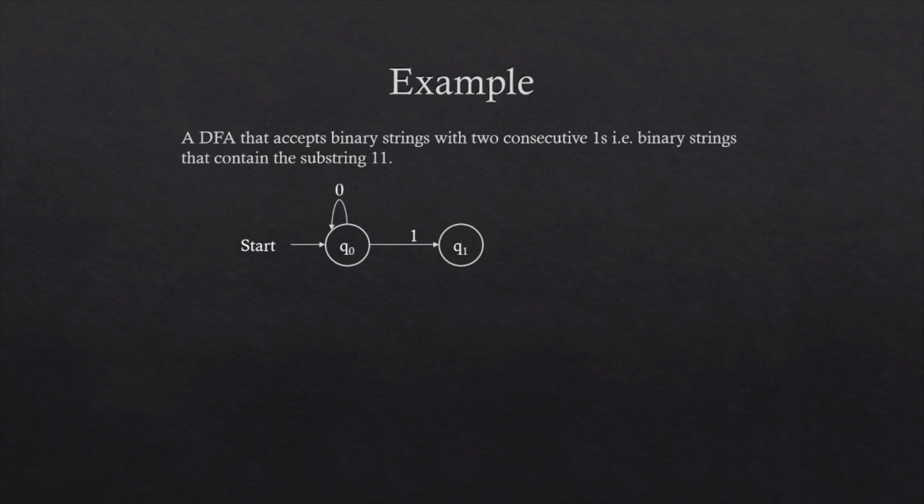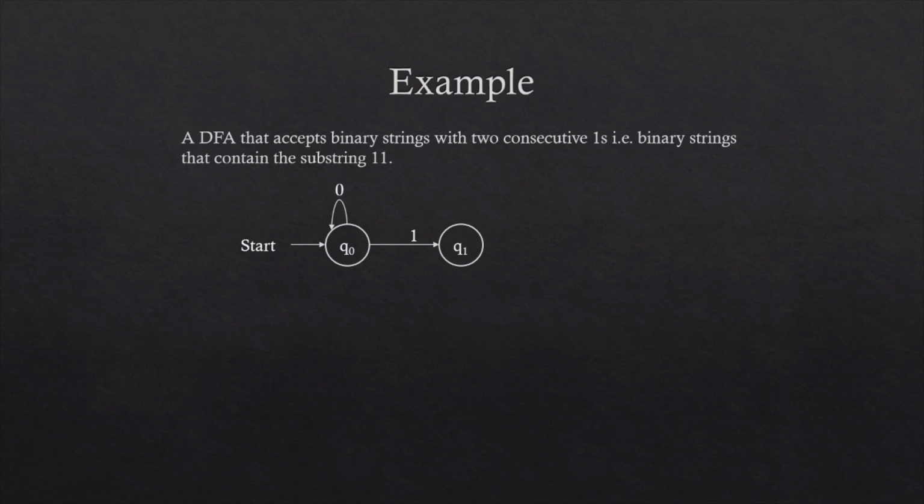Alternatively, we can say that if the automaton is in state Q1, it means that the last input symbol was 1, that we have made progress towards seeing 2 consecutive 1s. It has seen the first one of 2 consecutive 1s, and if the next symbol is also a 1, then it'll be a success.